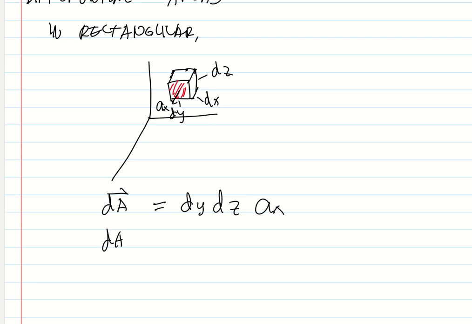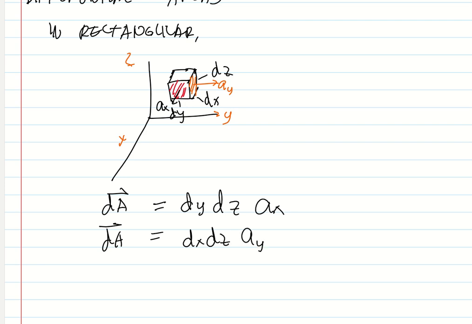For another differential area, this one is dz times dx, but the direction will be in the y direction, because this is x, y, and z. So dA on that side will be equal to dx times dz in the ay direction.